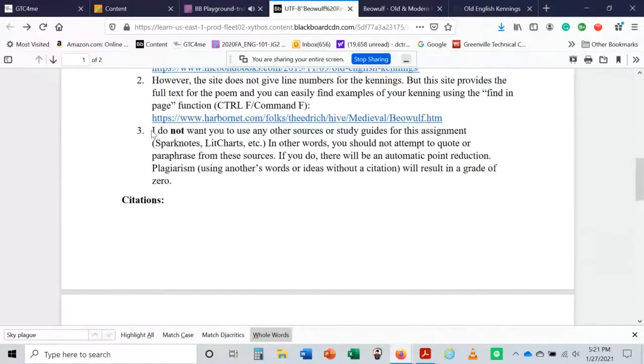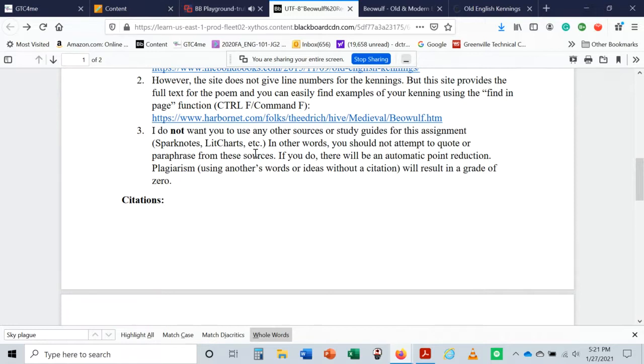Oh, let me cover this though. I do not want you to use any other sources or study guides for this assignment. So I do not want you to go to SparkNotes, LitCharts, etc. I don't want you to attempt to quote or paraphrase from these sources. If you do, there will be an automatic point reduction. Plagiarism will result in a grade of 0.